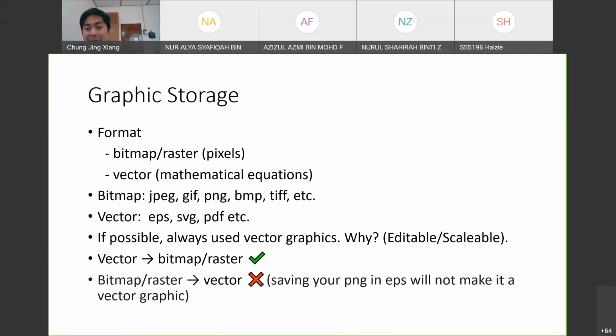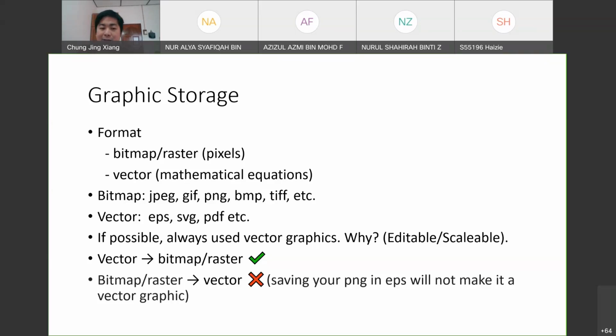And it's scalable. So let's say you want to print your figure on a 10-meter banner. If you store something in pixels, in bitmap, and you try to print it, it will look very blurry. But if you have vector, if you print something on a 10-meter banner, it will still look very sharp. Okay, so that's why if possible, when we draw our figure, you always want to save it in vector format.